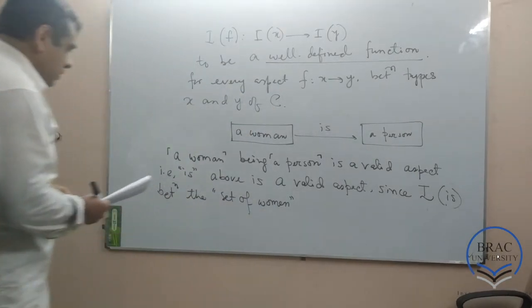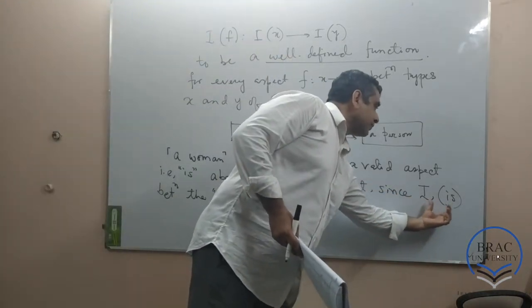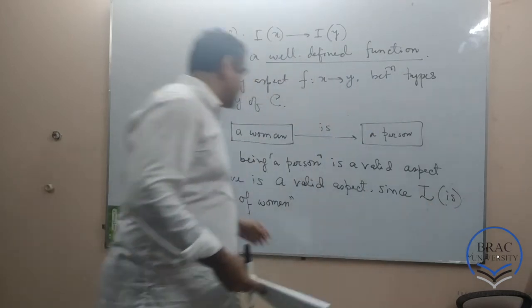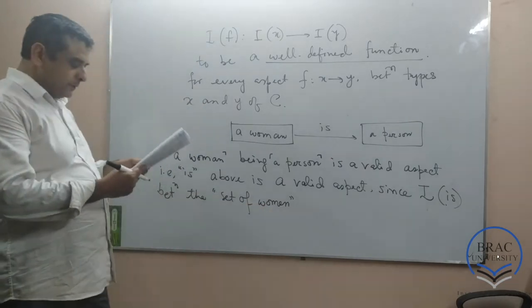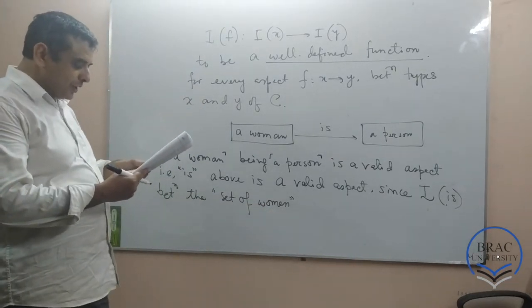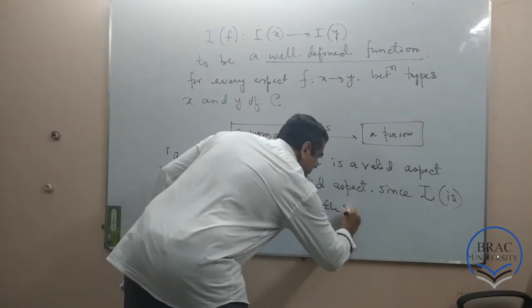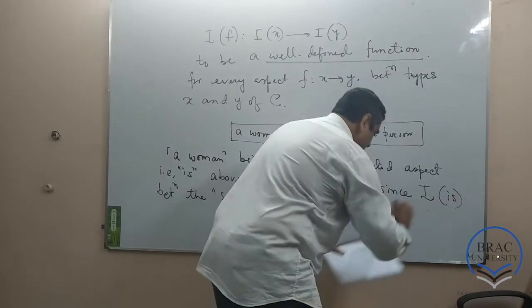Alright? So this I, the instance functor acting on the aspect, should be a function between the set of women to the set of persons.